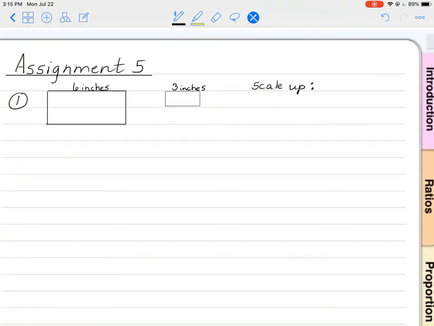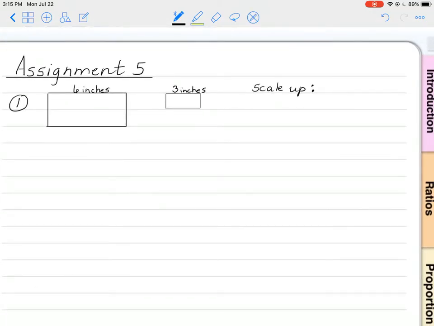To scale up, you want to put the mama one on the top. You're going up. You're looking at the bigger scale factor. So 6 over 3. And that's going to be, remember you always reduce it, 2 over 1. So mama is twice the size of baby.